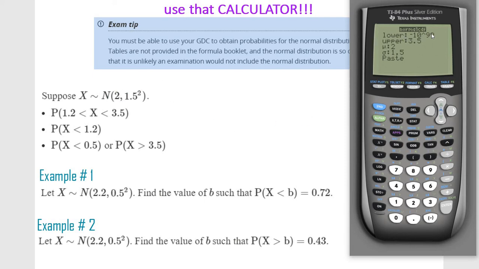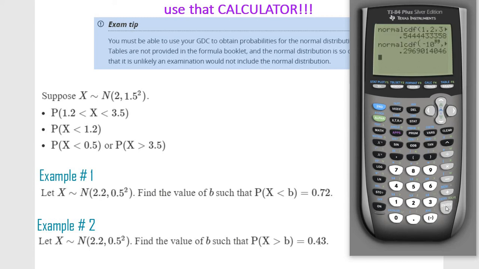That seems like an awfully far number. Even though it's not the absolute edge, it's close enough. It's going to get enough of our tail. Then our upper bound is 1.2, and everything else is the same.